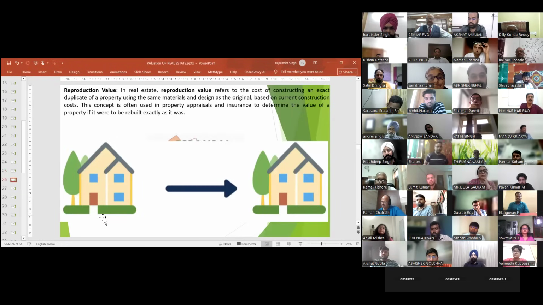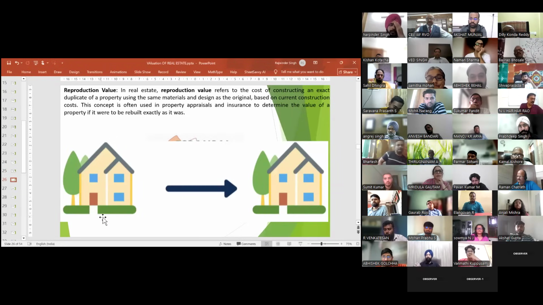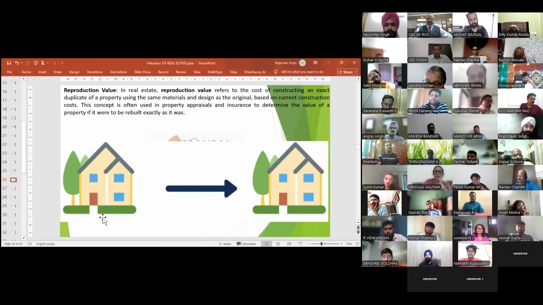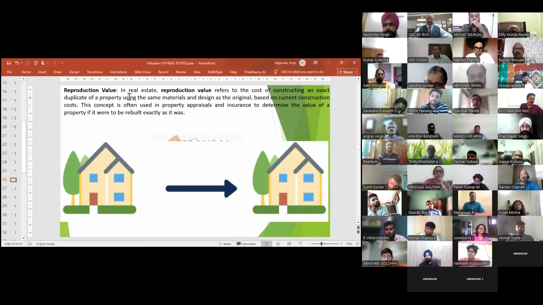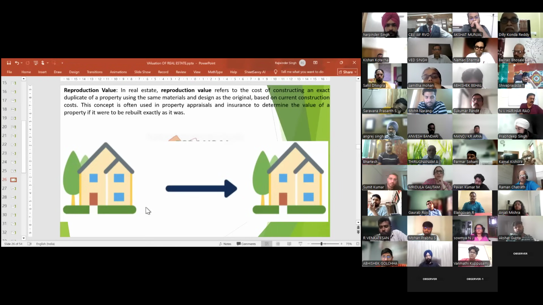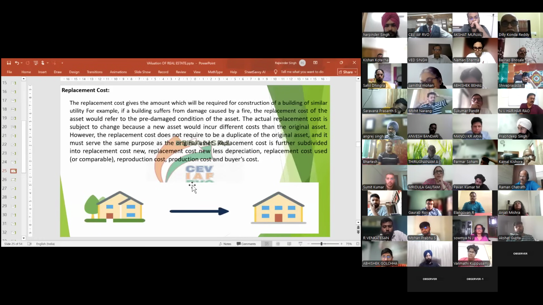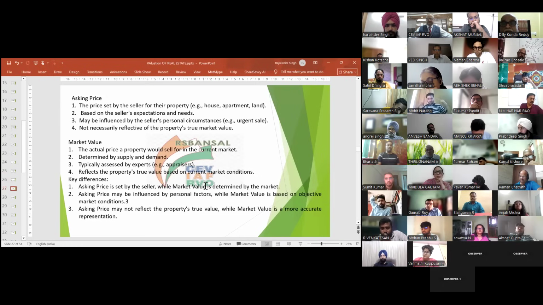But if you have replaced the asset with an exact replica, nothing changed, same material, same design, same specification, then it is called reproduction. You have reproduced the asset. That will be called reproduction value. So most of the time, as a valuer, you will be dealing with replacement value instead of reproduction value.